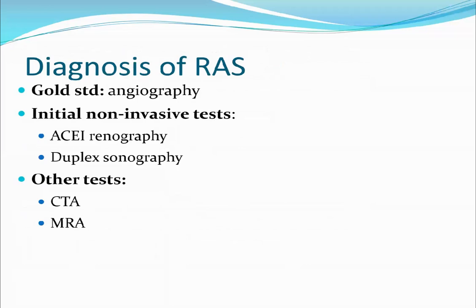The gold standard for diagnosis of renal artery stenosis is angiography. ACE inhibitor renography, Doppler sonography, and other tests are CT angiography and MR angiography.